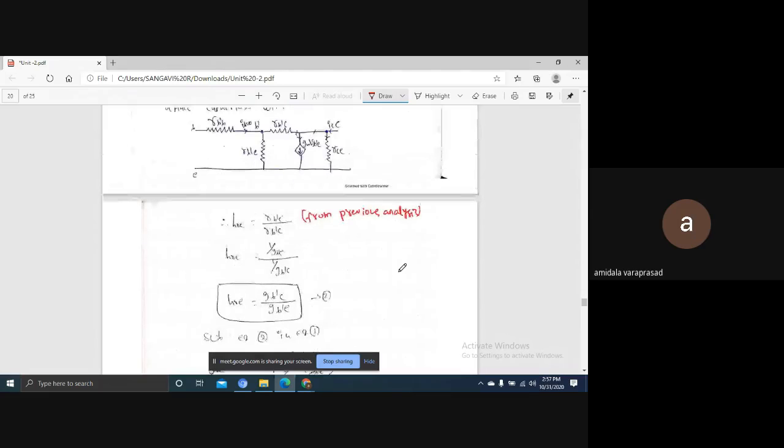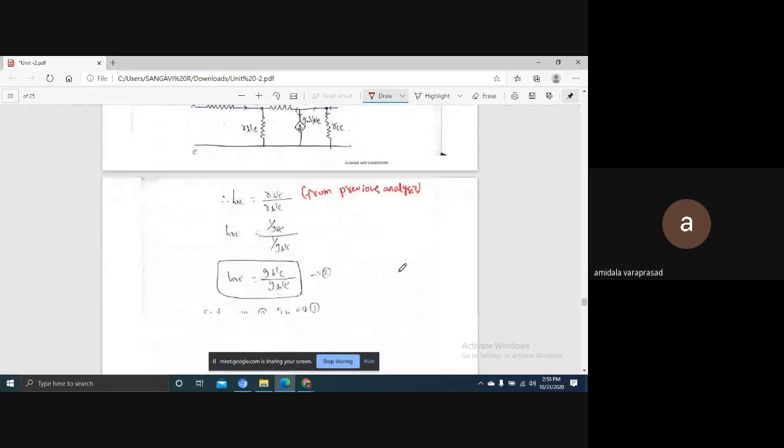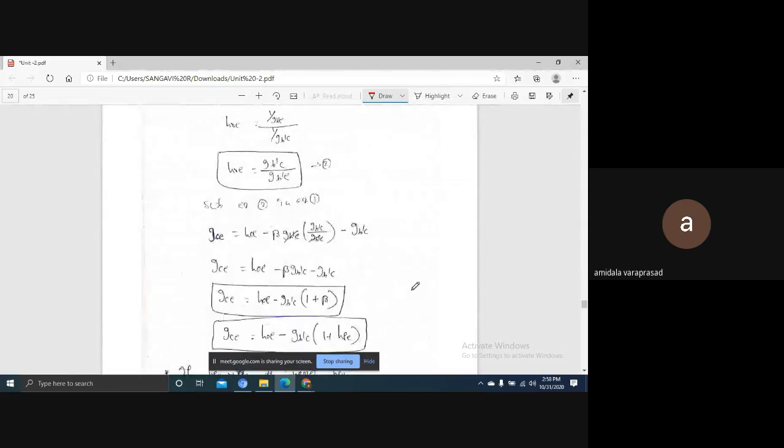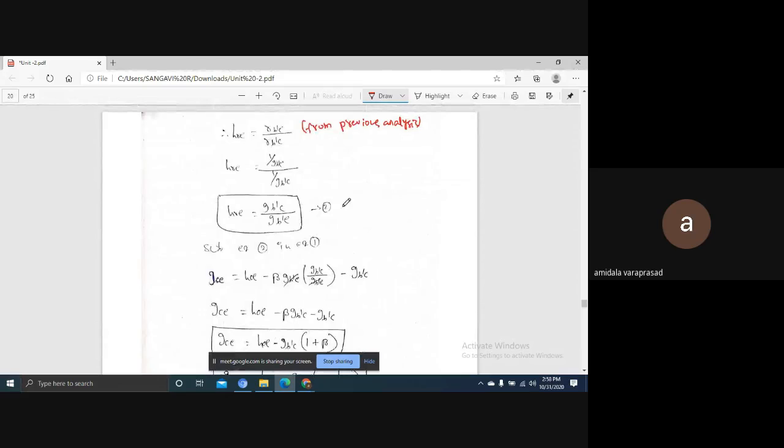Now GCE is equal to, we know the equation: HOE minus beta into GB'E into HRE minus GB'C.